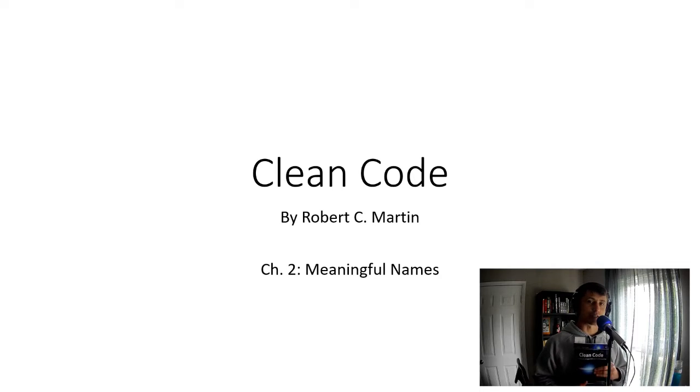My name is Chris, and today we're going to be taking a look at Chapter 2 from the book Clean Code by Robert C. Martin. If you remember and followed along last time when we discussed Chapter 1, it was just a brief introduction and what to expect from the book.